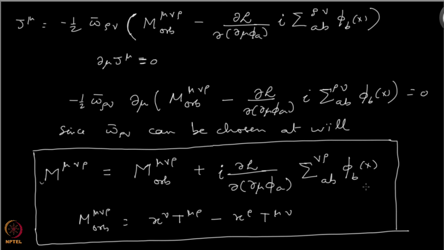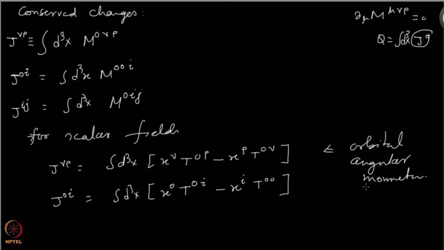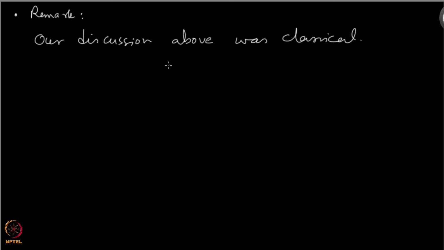Maybe it's a good point to make one more remark. Our discussion in the context of Noether's theorem has been purely classical, meaning that the currents I have obtained, the J mu's, have been obtained using classical arguments, and we have found that they are conserved.